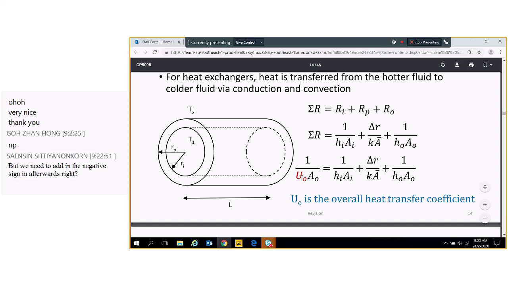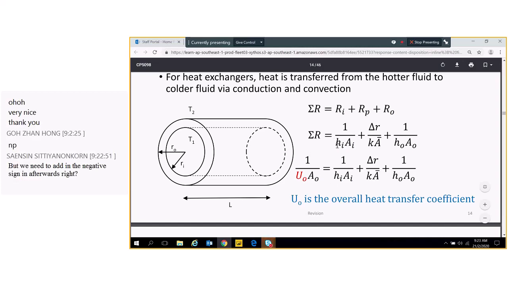Now this U_o is the overall heat transfer coefficient. It's based on the outer surface area. This is the inner temperature T1. This is the outer temperature T2. Inner radius Ri, outer radius Ro, length. You need to memorize this formula.